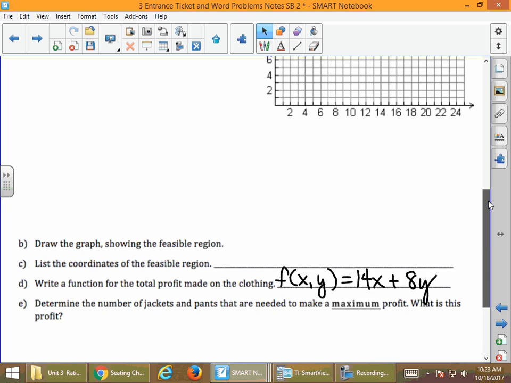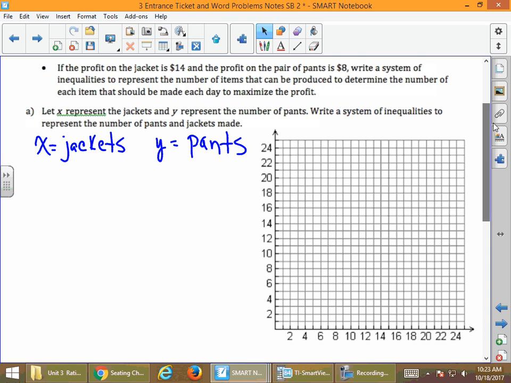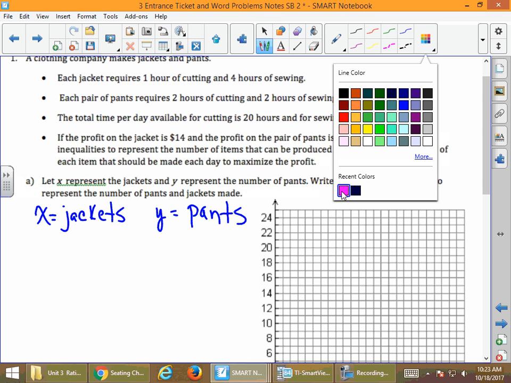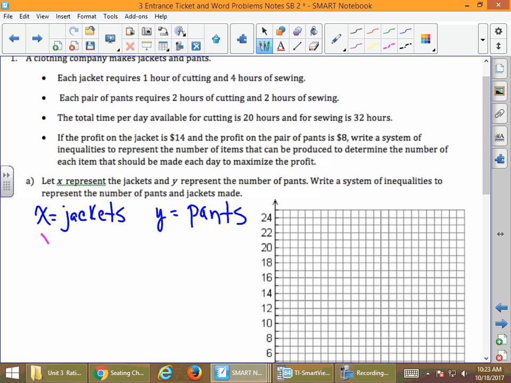And now we're going to go back and write the other inequalities here. Before we get going too far, remember that on our inequalities, if we're going to make some money, we have to assume that we're going to make some jackets and some pants.